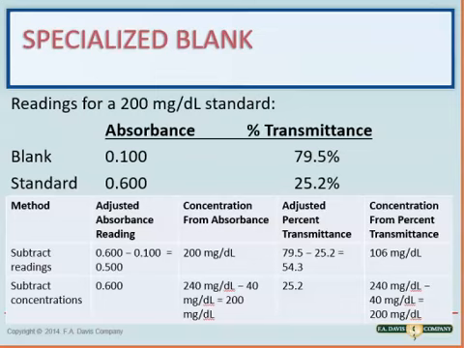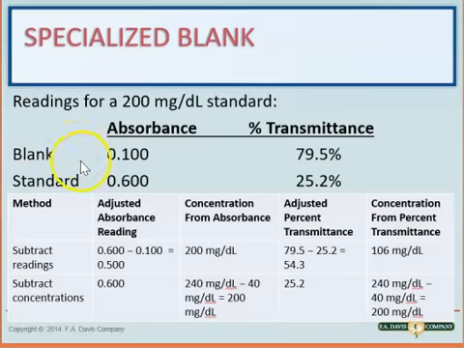Now let's look at some examples where blanks had to be subtracted from the samples in order to get the true concentration. Let's look at our blank here. Our blank absorbance was 0.1 and our standard was 0.6. Our standard for this example is like our sample.